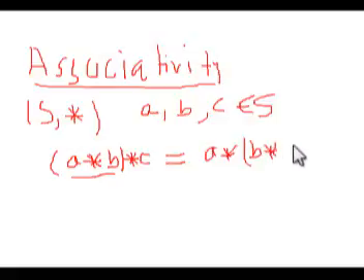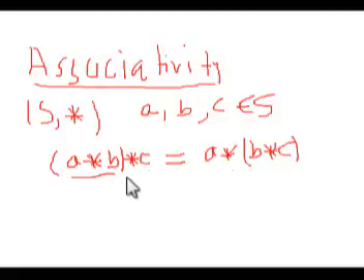If we take the second and third elements' operation first and then do the remaining with the first element, the result must equal the operation of the first two elements with the third.